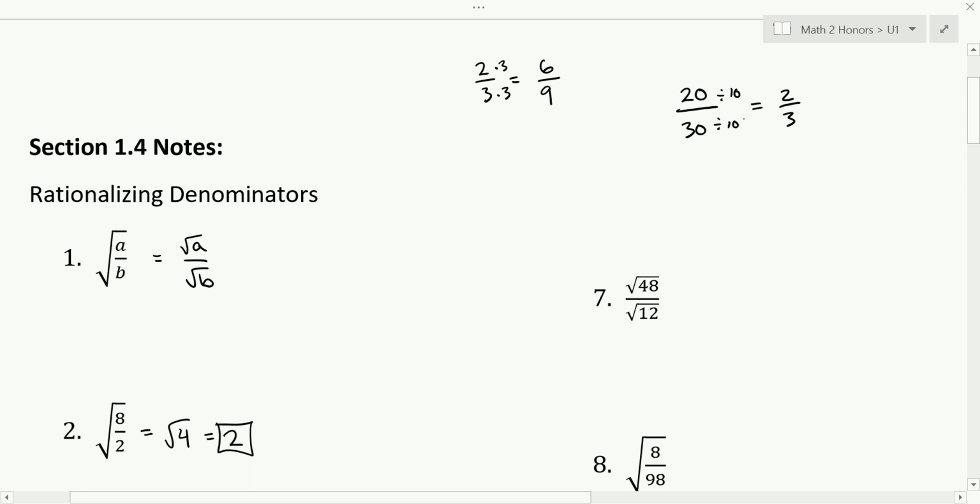So we're allowed to change the way things look with fractions. And we want to change the way number 1 looks because the denominator is not rational. So we can multiply the top and bottom by whatever we would like, as long as it's the same thing. Any good ideas to get rid of that square root of b?